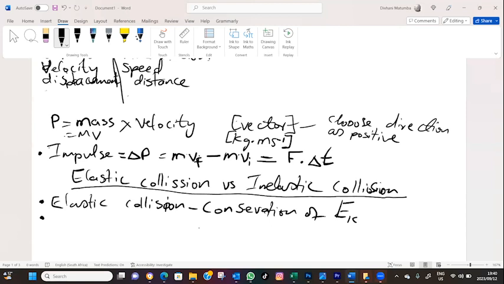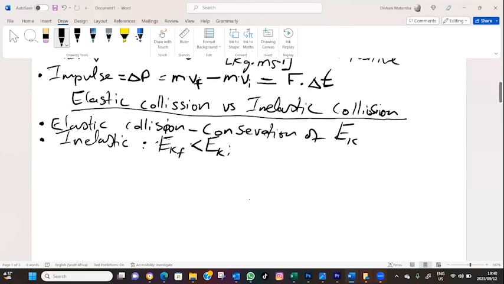As a result, with inelastic collision, the final kinetic energy is usually less than the initial kinetic energy. All right. Moving right along.